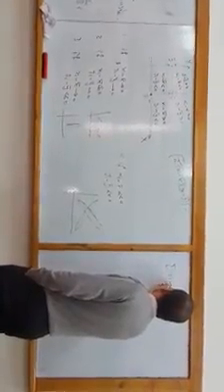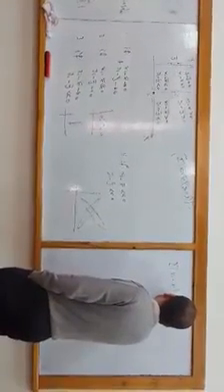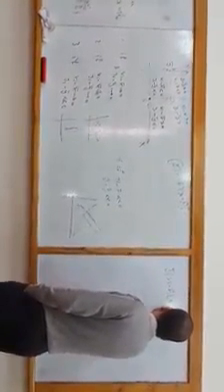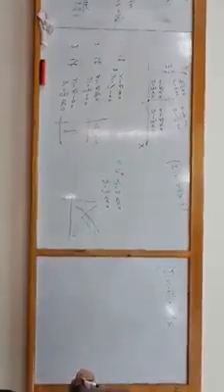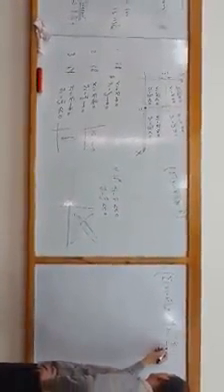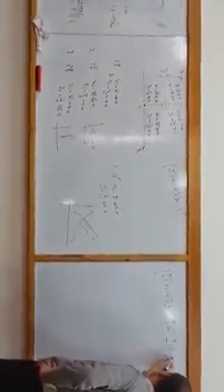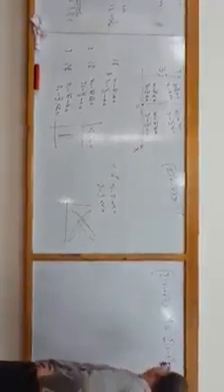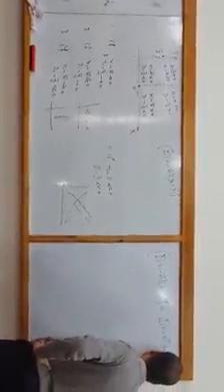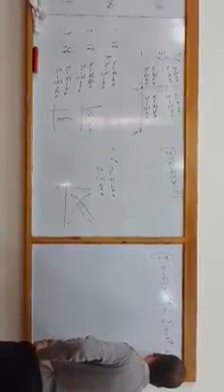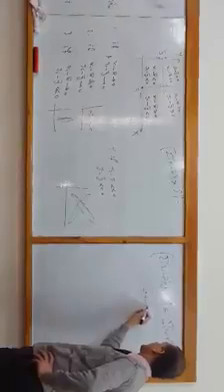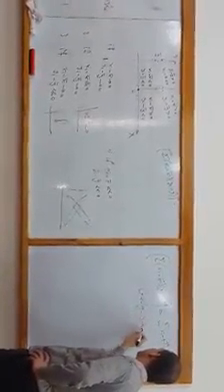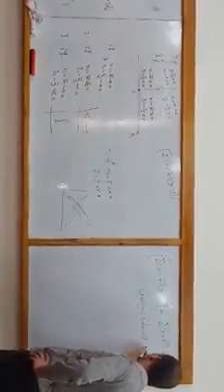The square of the summation of xi minus x bar times yi minus y bar is less than or equal to the summation of xi minus x bar square times the summation of yi minus y bar square. This is called the Cauchy-Schwarz inequality.